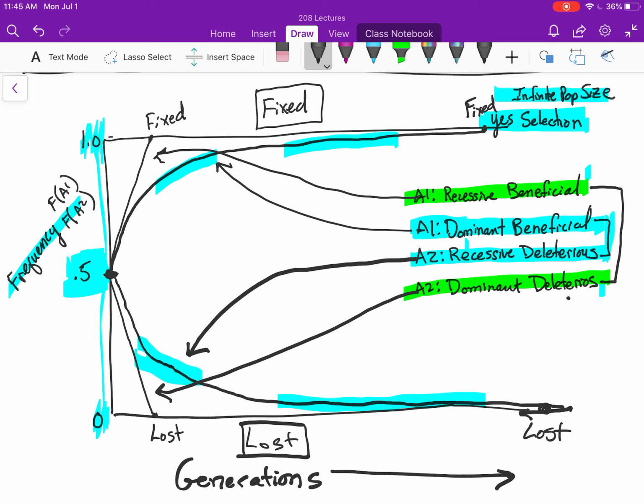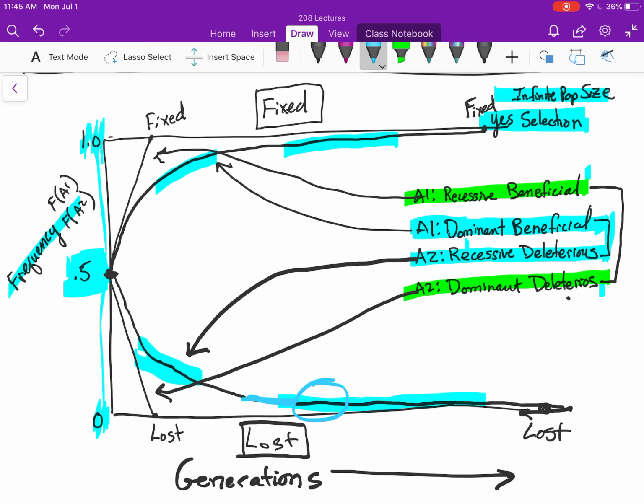The big deal is that in this case down here at the bottom, where we have the recessive deleterious alleles being selected out, we expect the population to keep a lot of recessive deleterious alleles that don't get selected out. And this we see in the cases of things like cystic fibrosis, phenylketonuria, lots of conditions in humans and other populations.